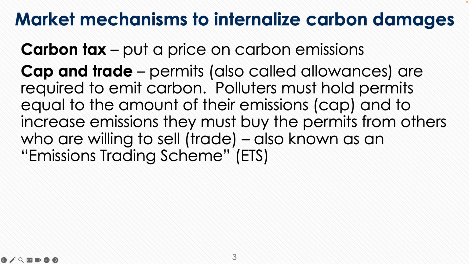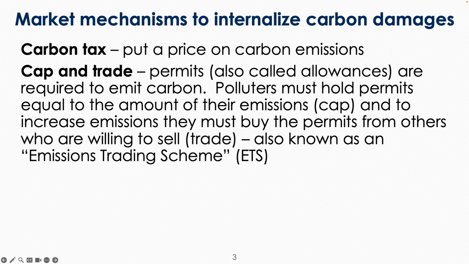And then you have something known as cap and trade, where you basically have permits or allowances that are required to emit carbon. Polluters have to hold some amount of permits equal to the amount of the cap.